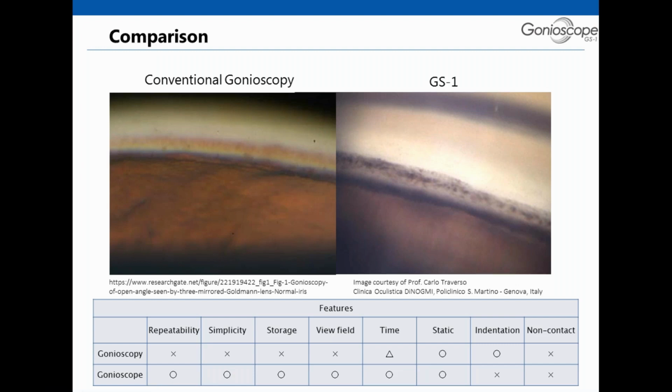We also have storage of about 80 gigabytes, and it has a good field of view. We can capture 360 degrees, and it takes about 16 seconds for a full capture. GS-1 can do static as well, but not indentation. And it is semi-contact, so it's still contact, not non-contact.